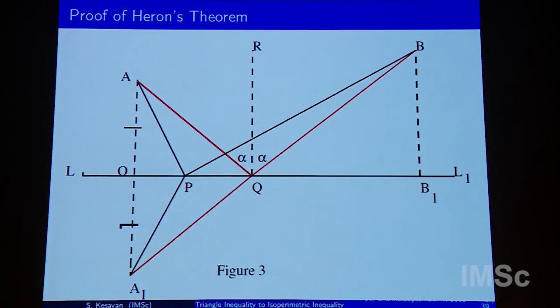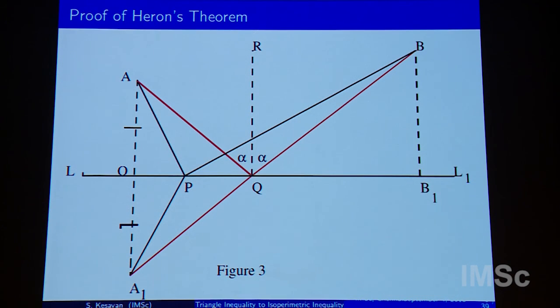What I do is I take the reflection of A on this line, call that point A1. Then these two triangles AOP and A1OP are congruent. You have a common side, you have right angles here, and these two are equal because of the reflection. Two sides and the included angle, and therefore you have AP equals A1P.